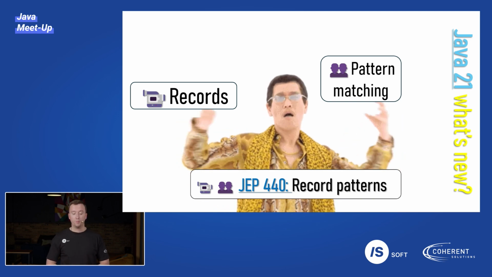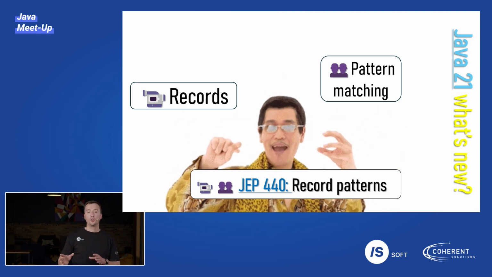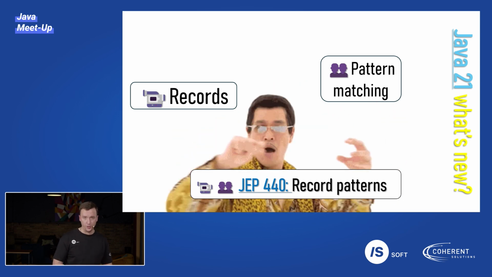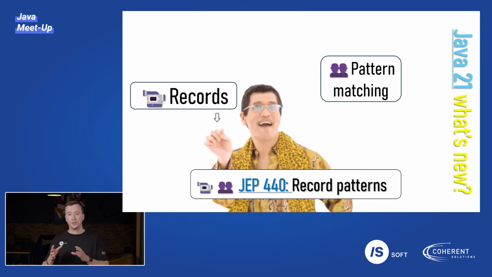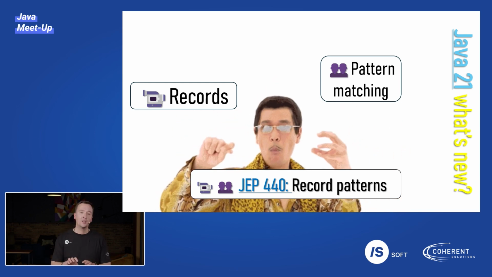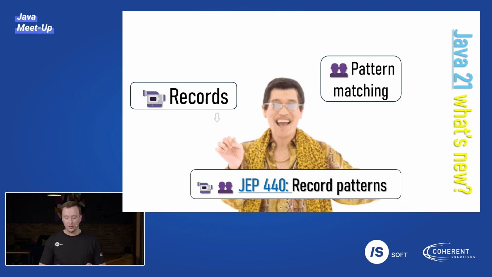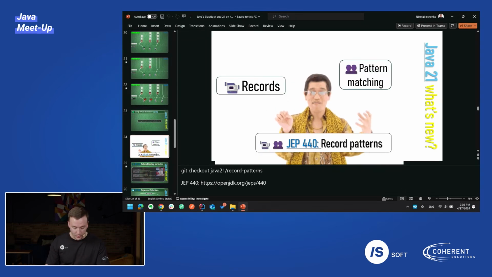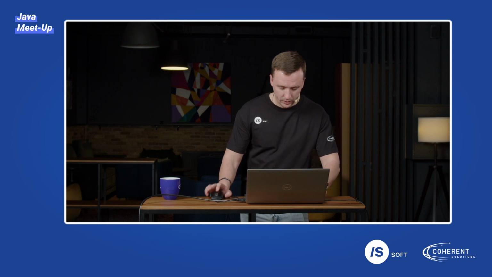Okay, as you remember, before with Java 17, we had the records feature and the pattern matching feature. For now, we want to combine them and use record patterns. How can we do that? Let's come back to our code.